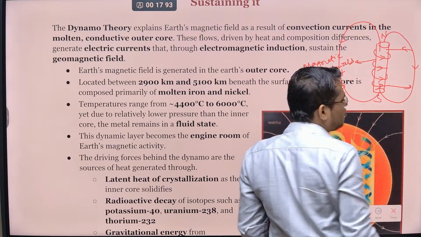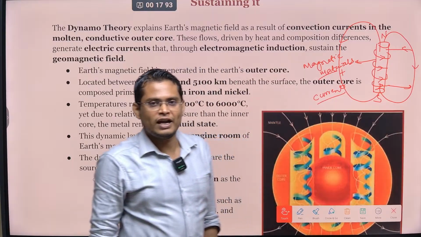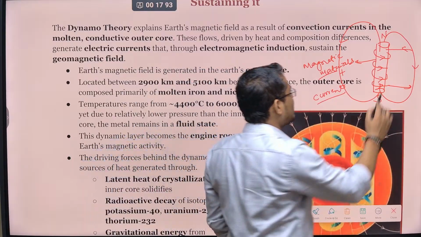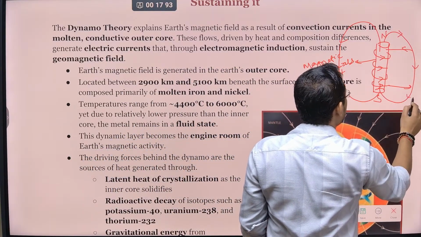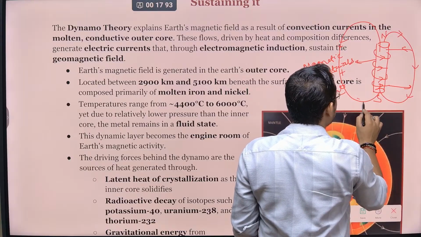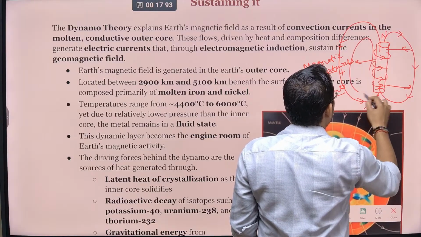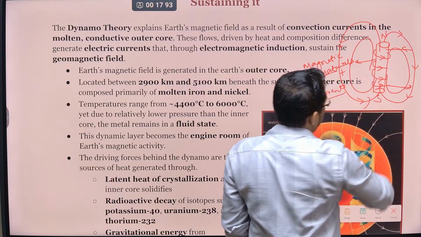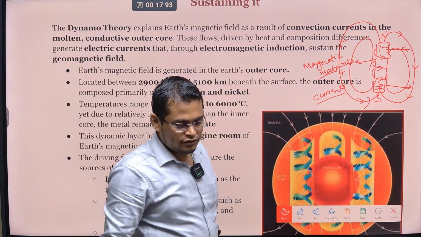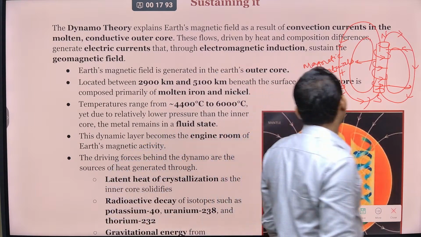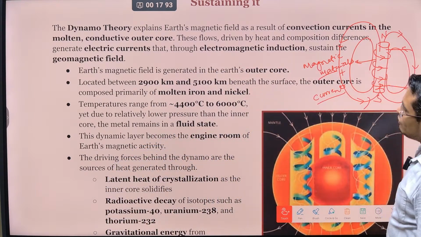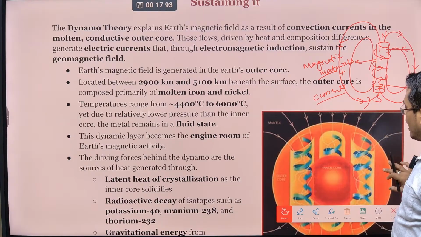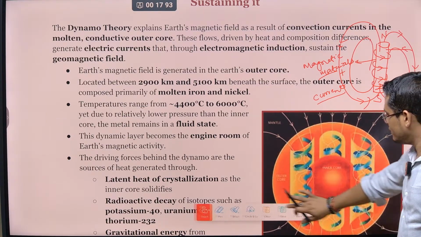Very simple, I think you all studied the same thing in your 8th, 9th or 10th. This is the pattern of flow from north to south. So how does this happen inside our earth? This is what we have to see.